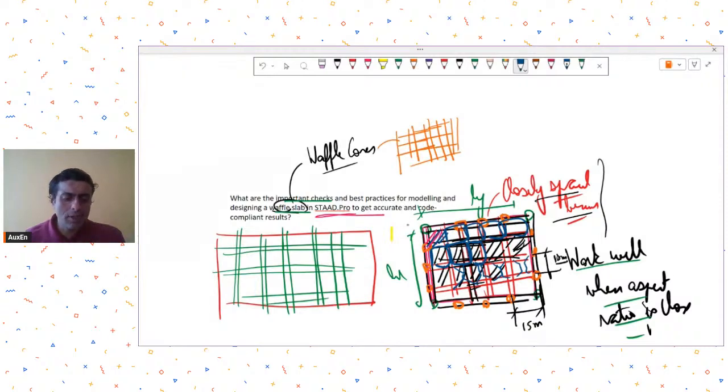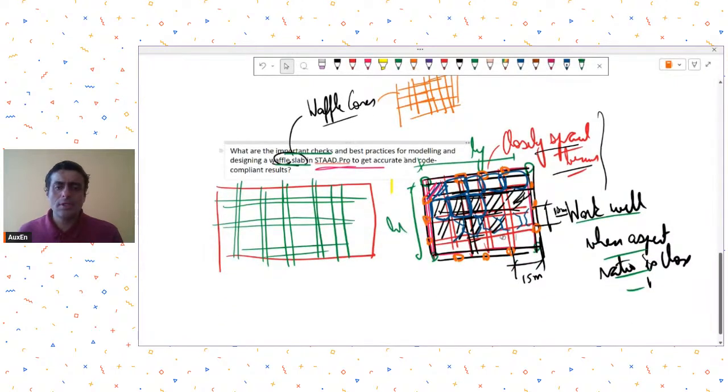Just compare these two results, because the slab offers a lot of stiffness in these waffle systems. So just do that comparison once: a waffle slab without modeling the slabs, just beams and applying the floor loads, and a waffle slab where you have also modeled the slabs as plate elements. So do these things.